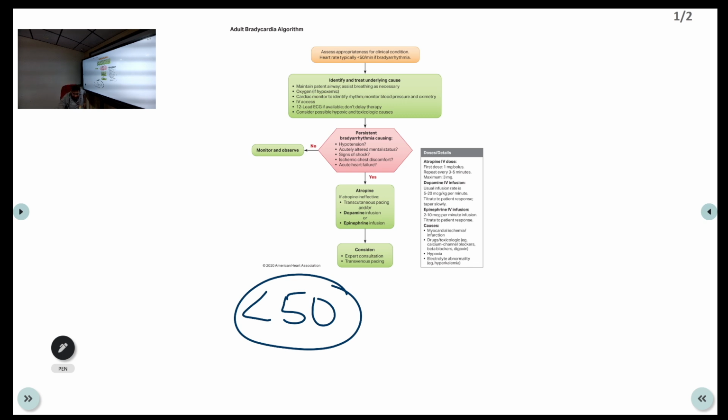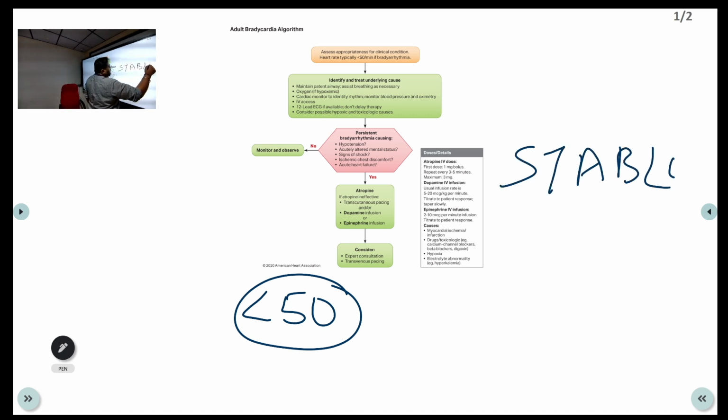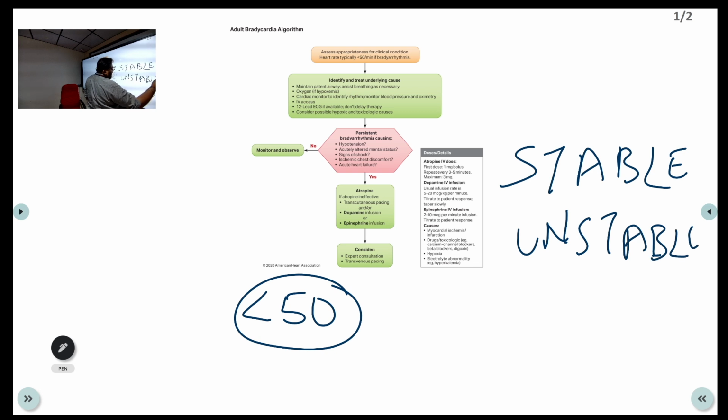In any arrhythmia, whether it is bradycardia or tachycardia, we use two terminologies: stable and unstable. Unstable is what we use for tachycardias. Whenever you call it a tachycardia, it can be either stable or unstable.